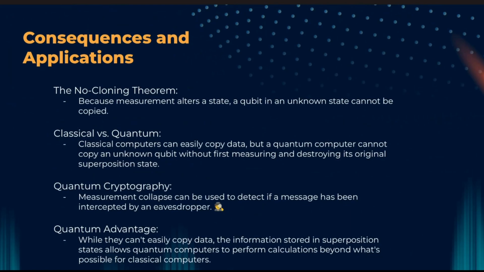Another thing I'd like to point out is quantum advantage, and this is the information stored in superposition states allowing quantum computers to perform calculations beyond what is possible for classical computers. And this is really good, especially in the future whenever we have fully functioning quantum computers that are used at a large scale.